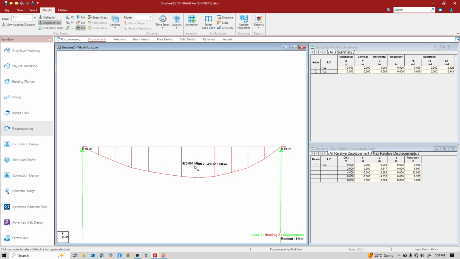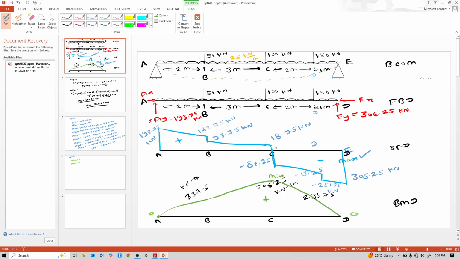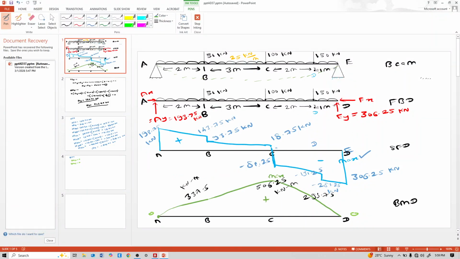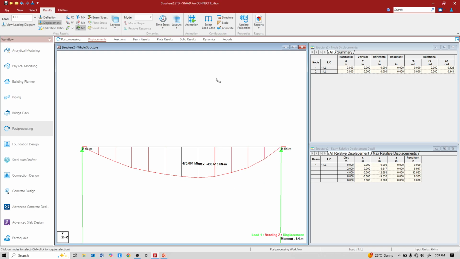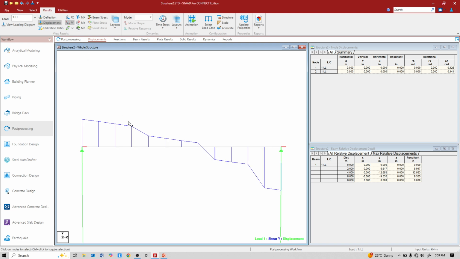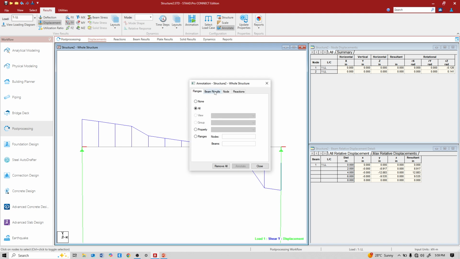See 0, 0, 475, 498. Why does it come 475, 498? It does not match our 50 kilonewton. Let's see shear.